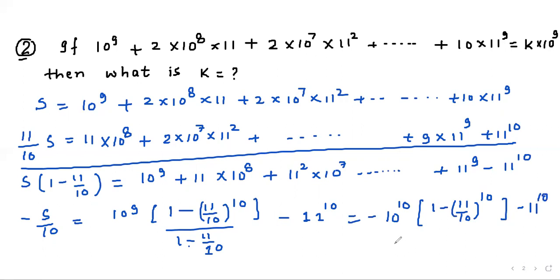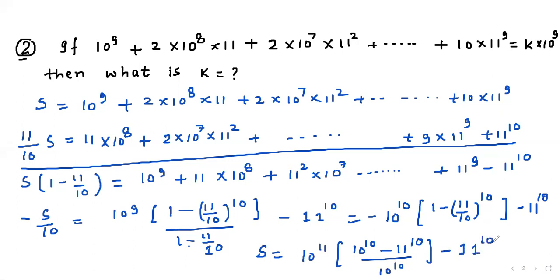So we further simplify. We will get S equal to, here there is minus 1 by 10, so we multiply each term by minus 10. So we get S equals 10 power 11 times, from here we take LCM. So this will become (10 power 10 minus 11 power 10) divided by 10 power 10, minus 11 power 10.